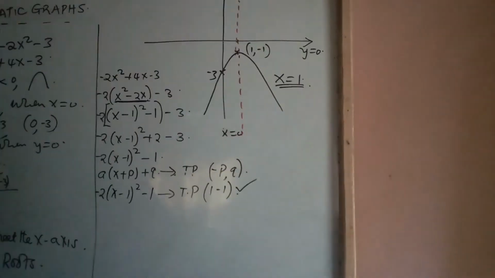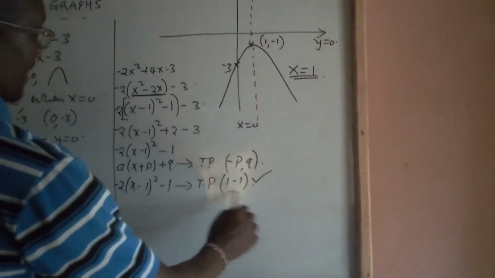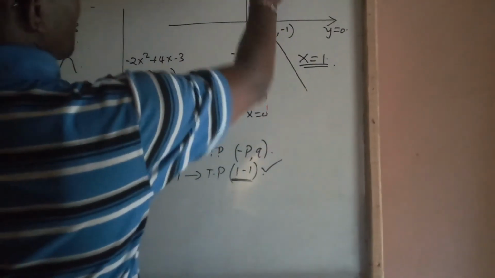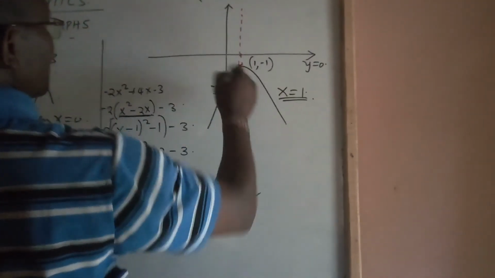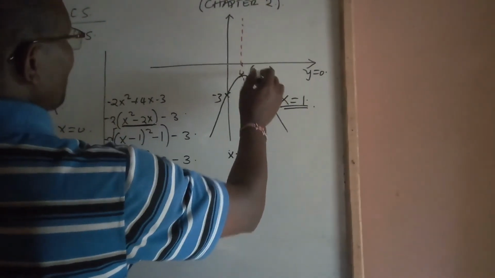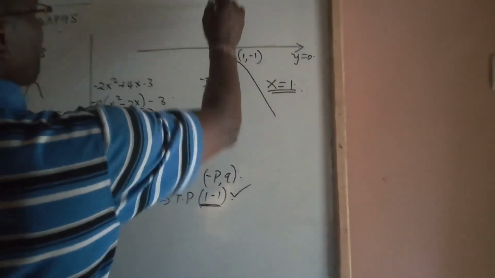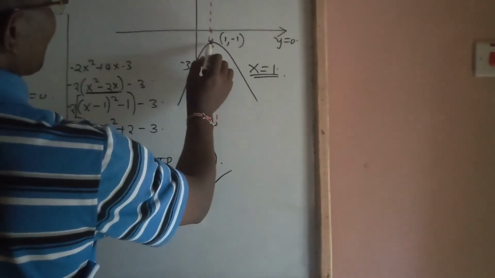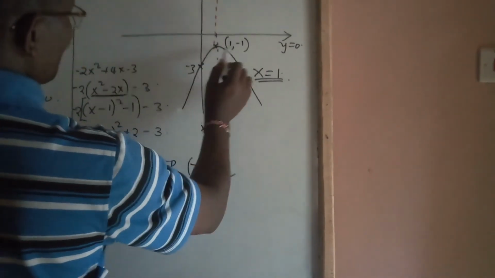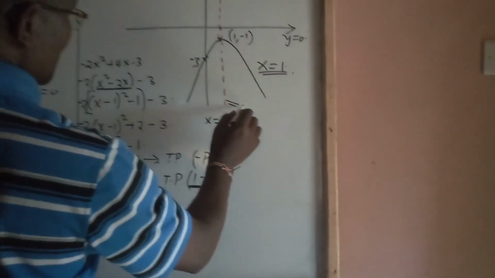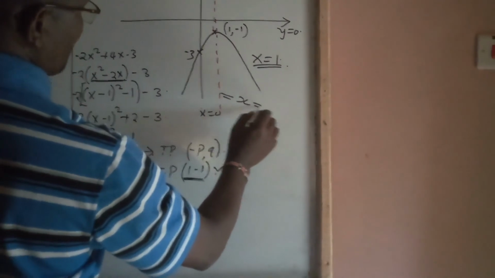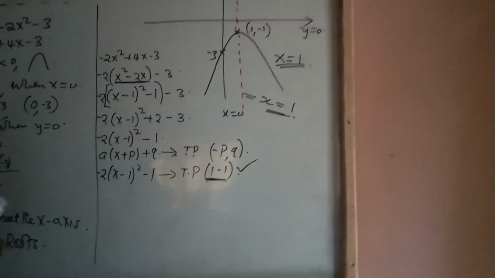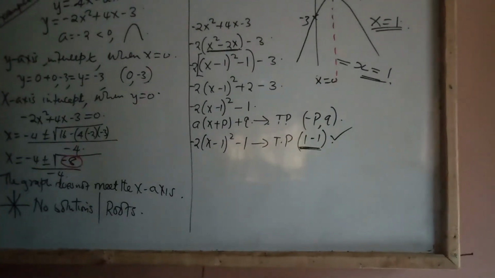So we can only rely on completing the square and getting the turning point. Since we know the shape of the graph, the turning point is at (1, -1), and the line of symmetry is parallel to the line x equals 0 and passes through the point (1, -1). So obviously, the equation is x equals 1, which is the line of symmetry. Okay?